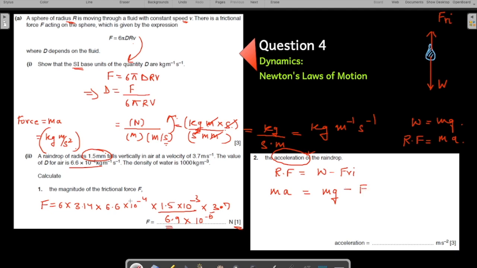Frictional forces, they are calling it as F. So acceleration would be, let us substitute the values. M is how much? Mass. Okay, so now you have to find the mass also. Mass is not given, but you are given the density. You are given the density, right? So if you know the density, you know the radius, can you find the mass? Can you find the mass?